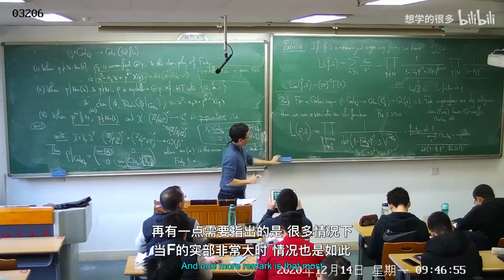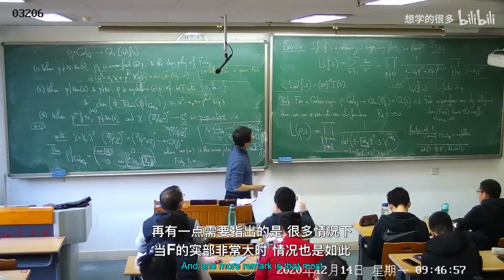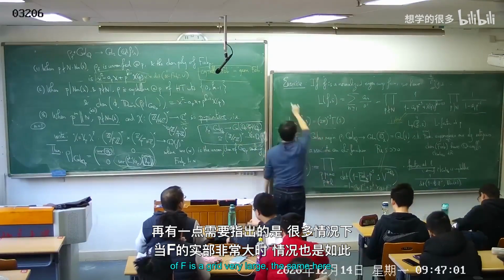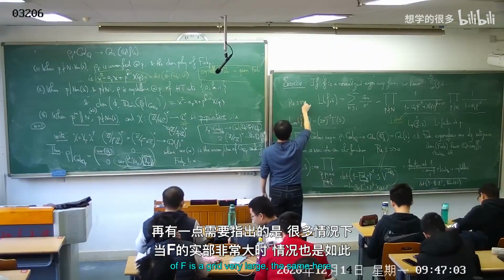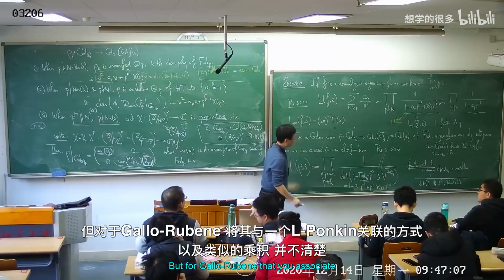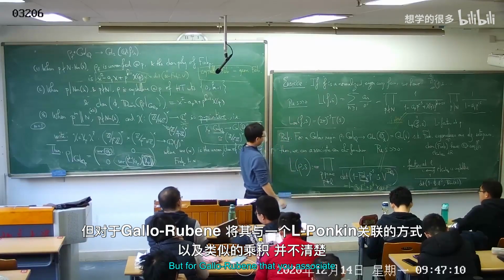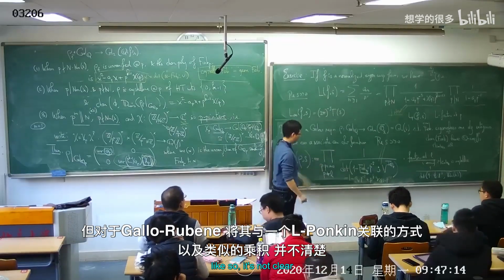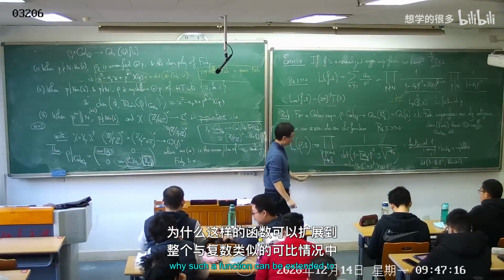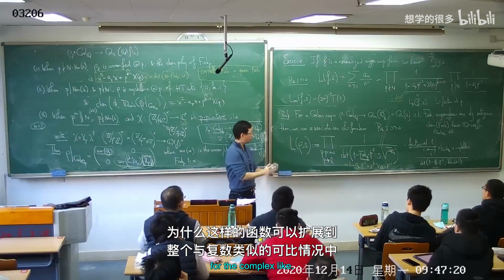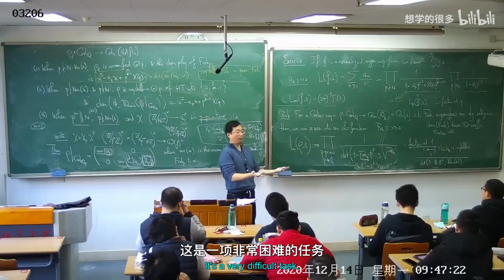One more remark is that most of these are defined when the real part of S is very large, greater than 0. Same here. But for a Galois representation, if you associate an L function like so, as an infinite product, it's not clear why such a function can be extended to have a meromorphic continuation to the whole complex plane. It's a very difficult task.